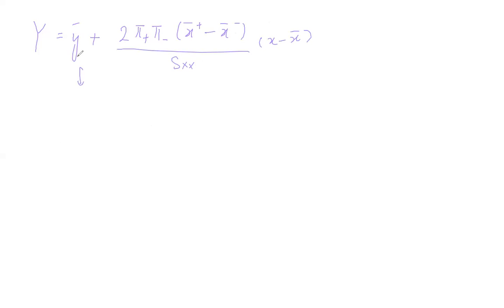So basically your y bar is basically the sum of yi's, i equals 1 to n.